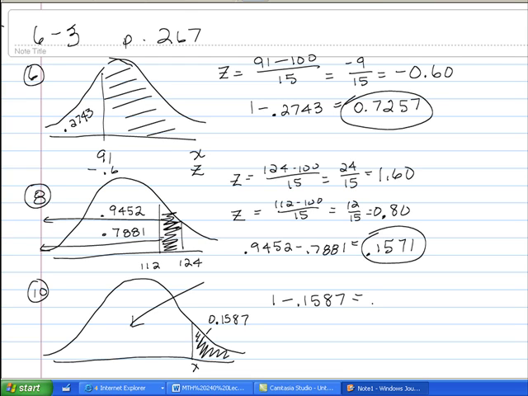Oops, that's not my answer yet. I circled it, but I shouldn't have. Okay, so I want to get as close as I can to the area 0.8413, and what I found was 1.00.